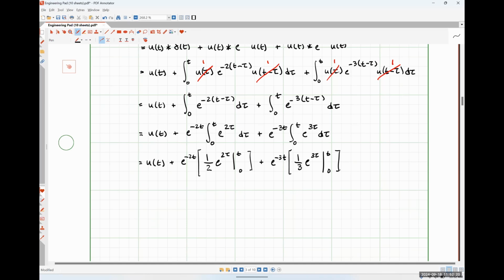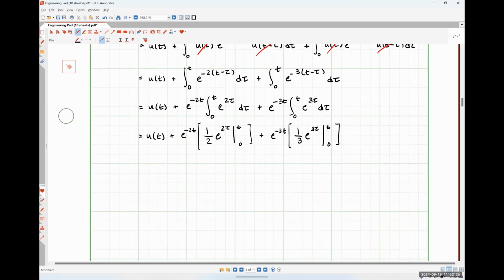Now I'm just going to substitute those bounds in. That's going to give me u of t plus, let's see here, e to the minus 2t multiplied by 1/2 e to the positive 2t minus 1/2, right?